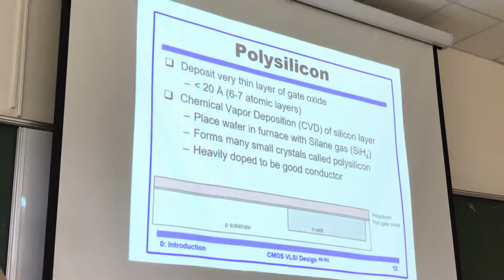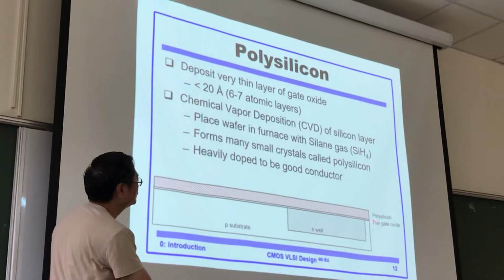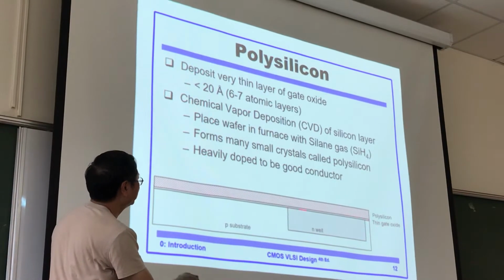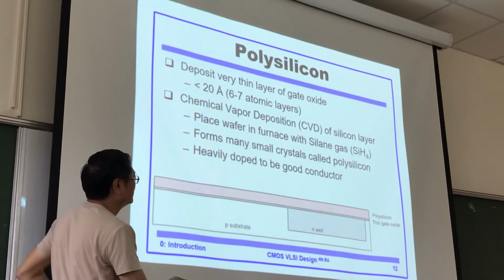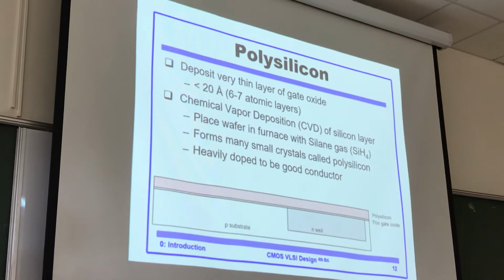How about the second layer? Before that, we are going to have a thin gate oxide again, like before. You can grow the gate oxide on top, and then deposit a thin layer of gate oxide, which must be very, very thin.